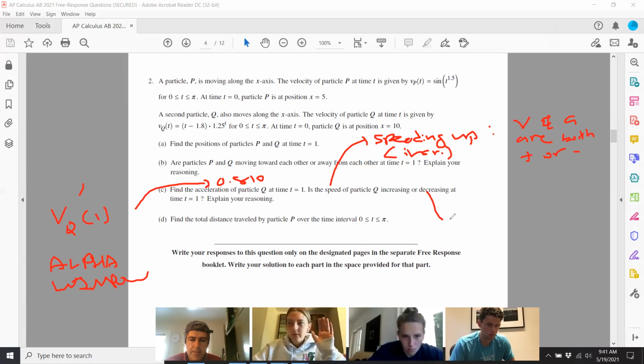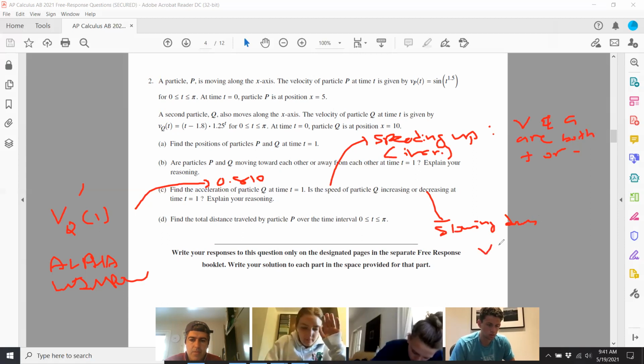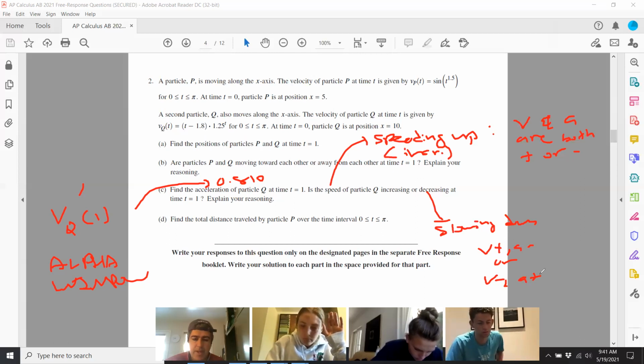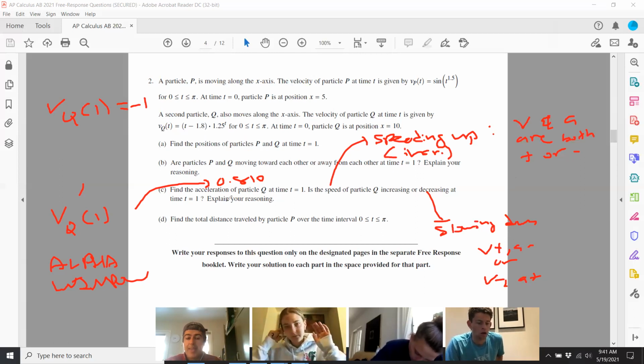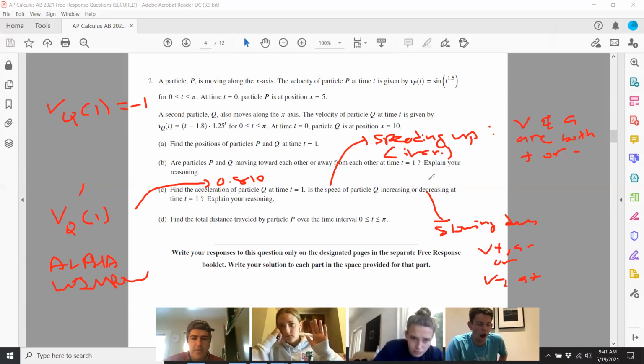You're slowing down when velocity is positive and acceleration is negative, or velocity is negative and acceleration is positive, because then the acceleration is working against you. Our velocity for Q, we knew from part B was negative. We knew VQ of 1 was -1. But our acceleration is 0.810, so they're working against each other. Because you're going to the left and the acceleration is positive, you're definitely going to be slowing down.